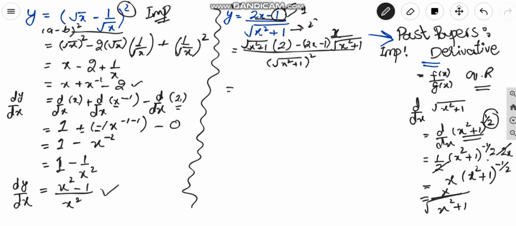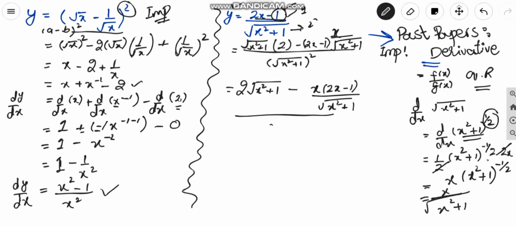Now you can write it as 2 square root x square plus 1 minus x into (2x minus 1) over square root x square plus 1, over x square plus 1, because the square will cancel the square root. Okay, next you can see that these are two rationals.